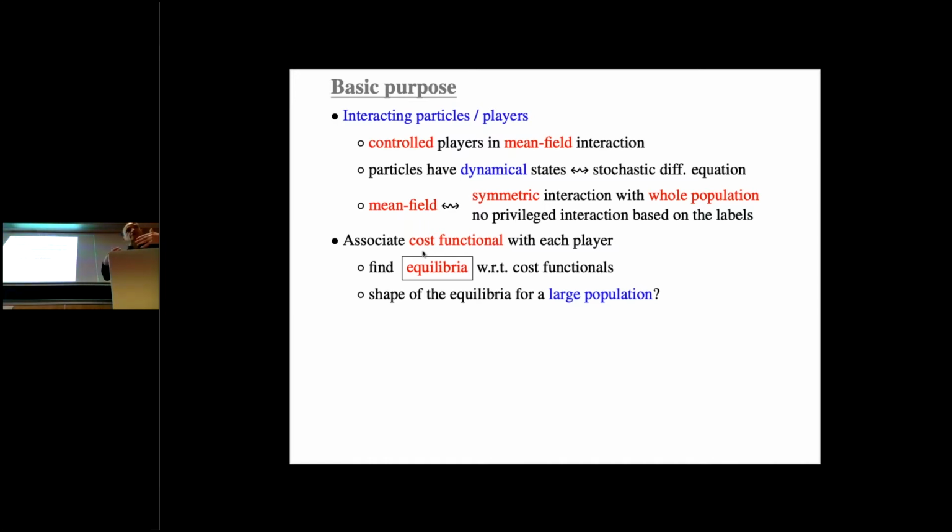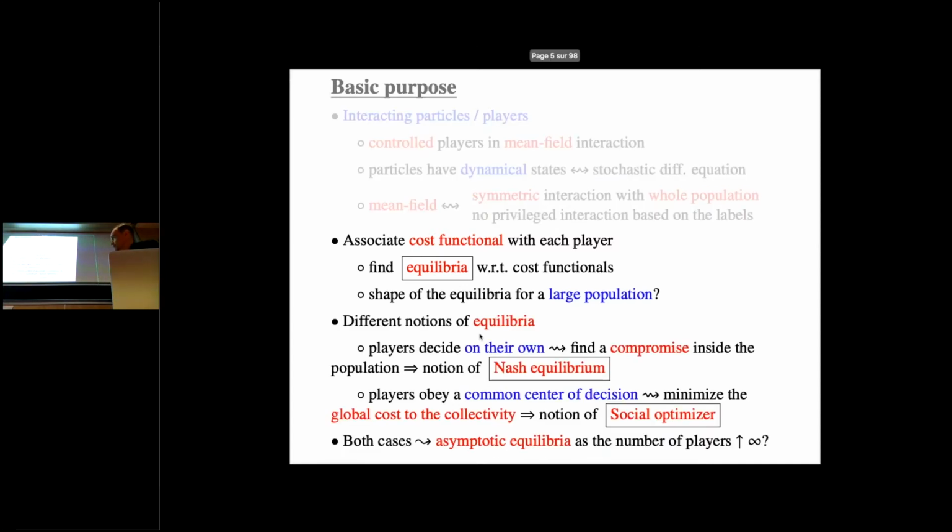First you assume that somehow the population is infinite. What can you say when the population is infinite? What is the shape of an equilibrium? And then how to come back to the original model when the number of players is very large, but finite. So this is the very general philosophy for this kind of problem.